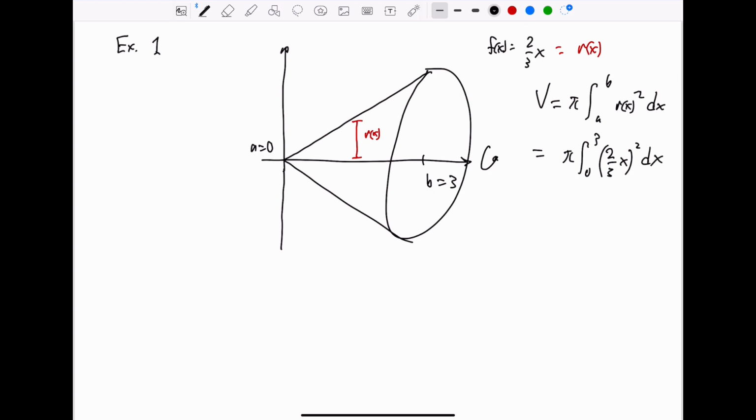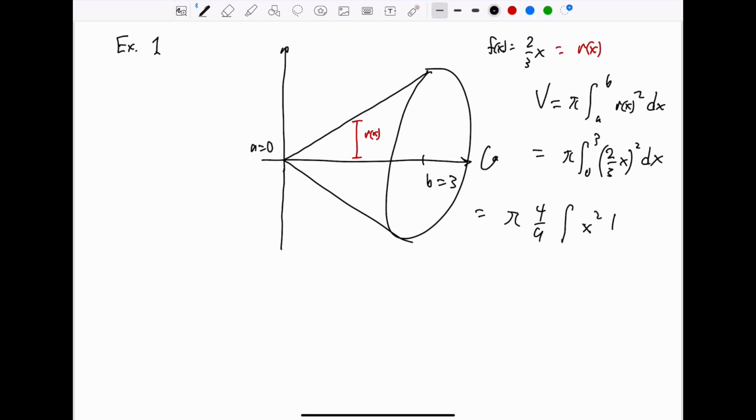Let's go ahead and work through this integral quickly. The 2/3 is being squared, but that's a constant. So I'm going to square this to get 4/9 and then take it outside the integral. So pi times 4/9. Once again, 4/9 comes from squaring 2/3 and then taking it out front. And now we're just integrating x squared.